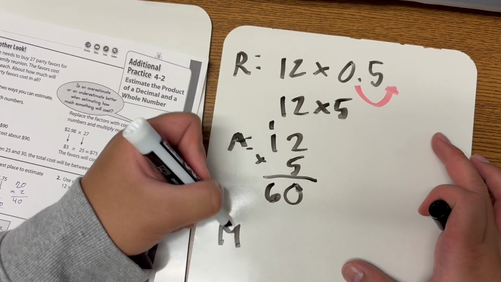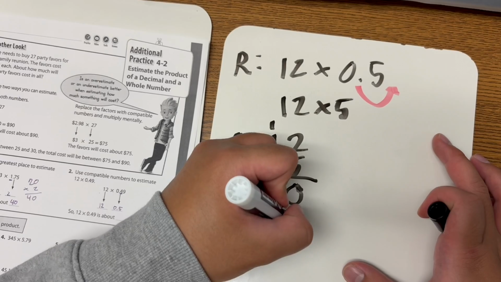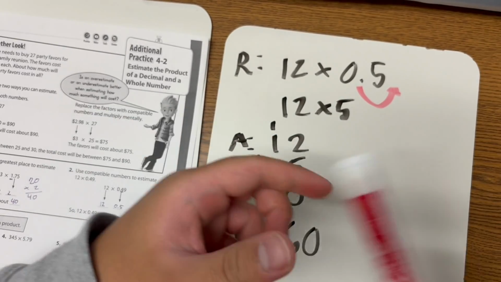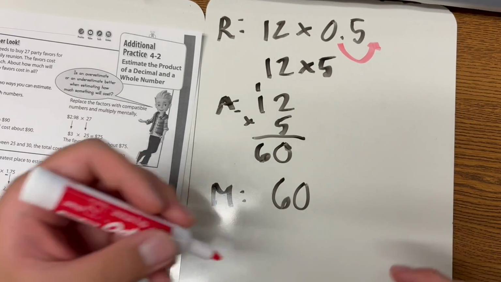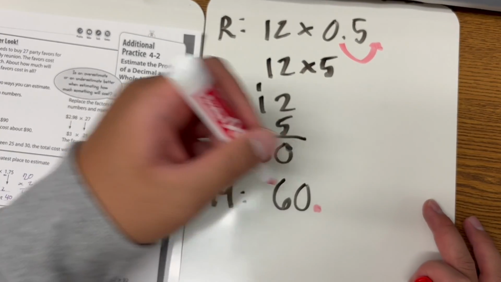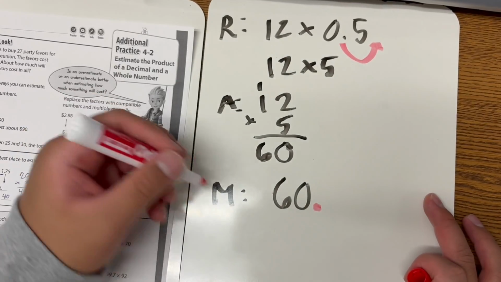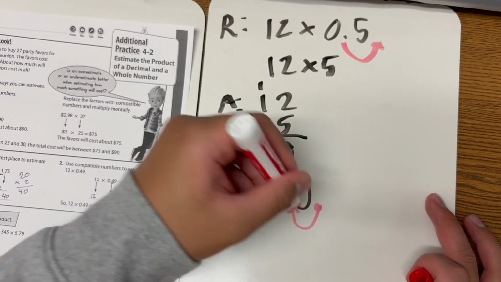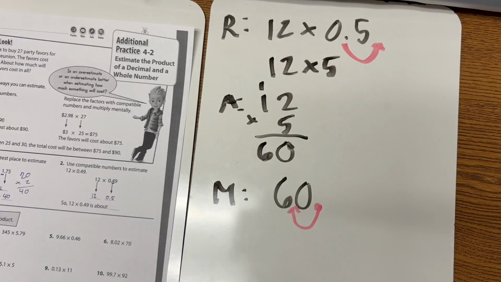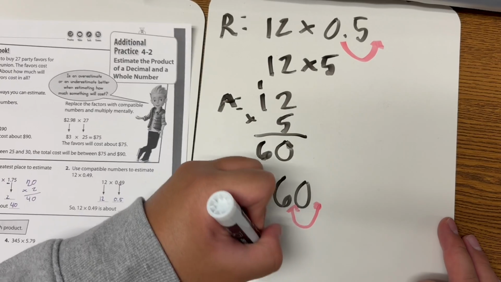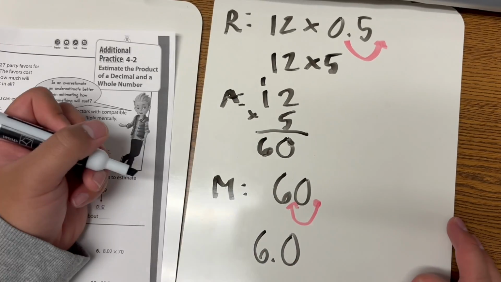Our last step is to move the decimal back. We have an invisible decimal right after our 0 in our ones place. We moved 1 space to the right earlier, so now we have to move 1 space back to the left. So our new product is 6 0/10.